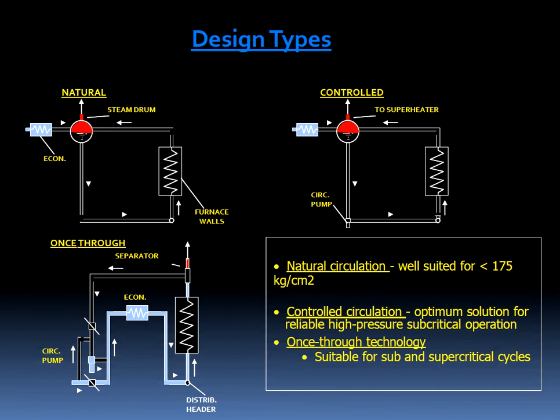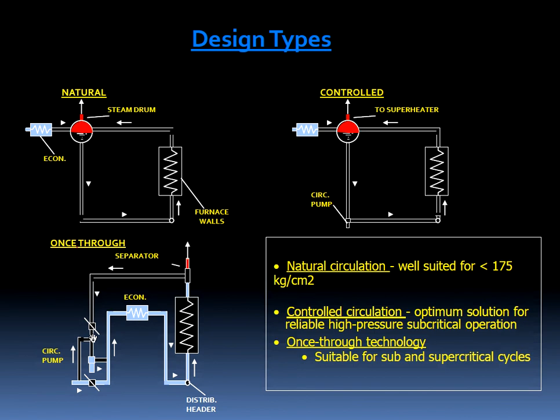The natural circulation normally is used in the regular boilers, where the pressure is less than 175 kg per centimeter square. In natural circulation we have the pump, then we have the economizer, and from the economizer it goes through the boiler here, and then there is some amount of water which is not evaporated completely, so that water is again recirculated.